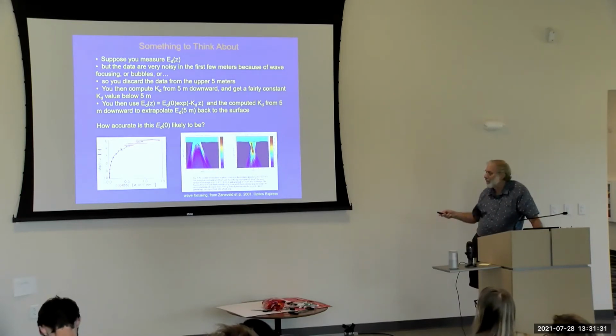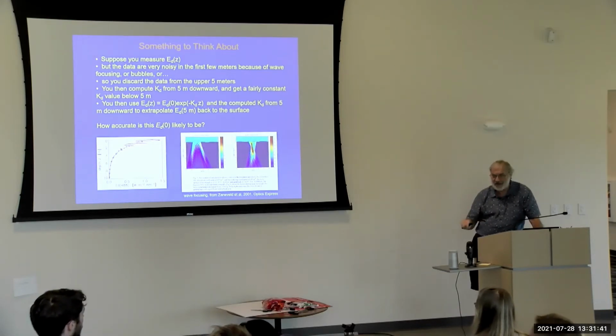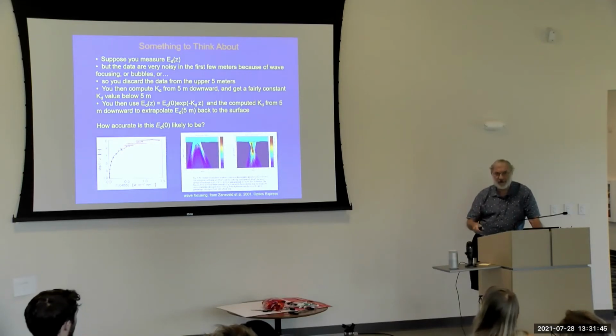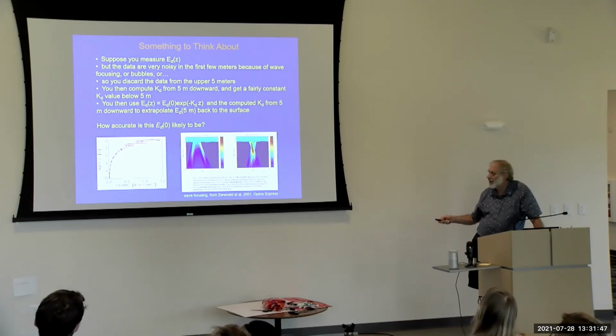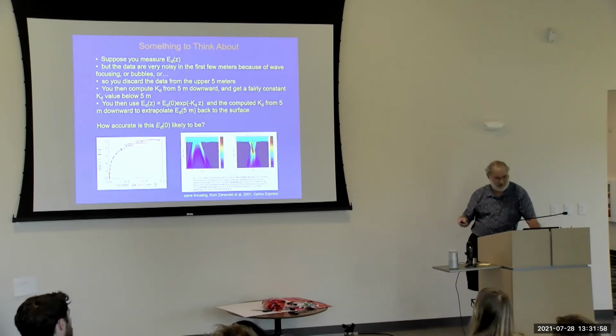Even if you assume the water is homogeneous, you're using data down here and you're computing a derivative of the data, namely dED/dz, and derivatives are inherently noisy things. So you get a KD down here, and then you'd like to work your way back up and figure out what ED really was at the surface on average. It's a really hard thing to do.